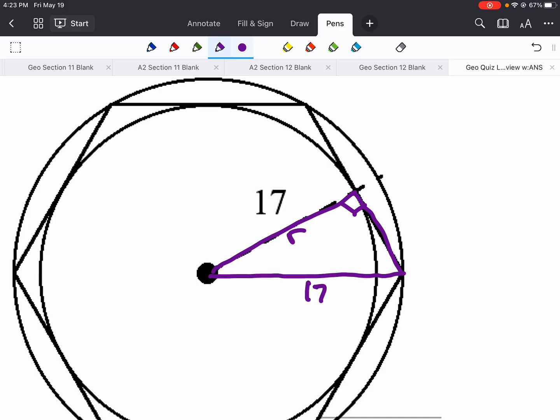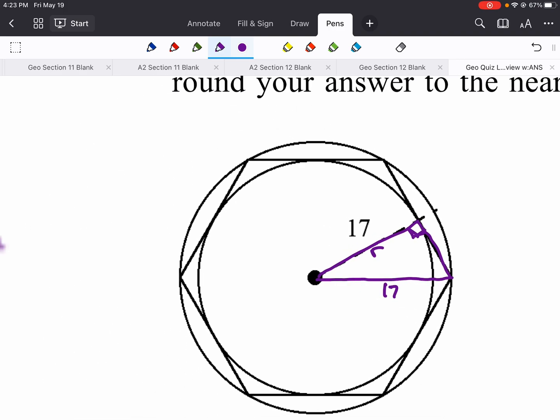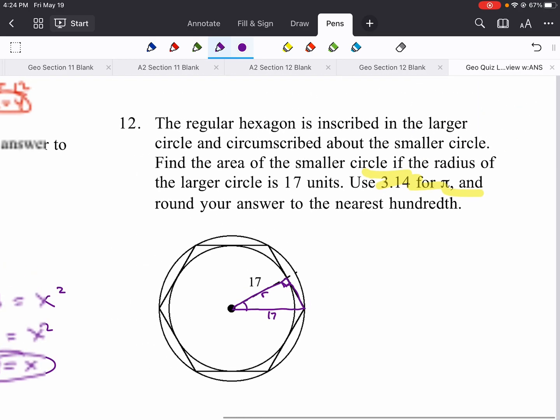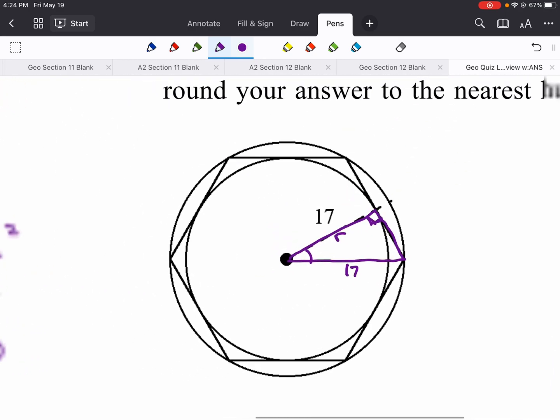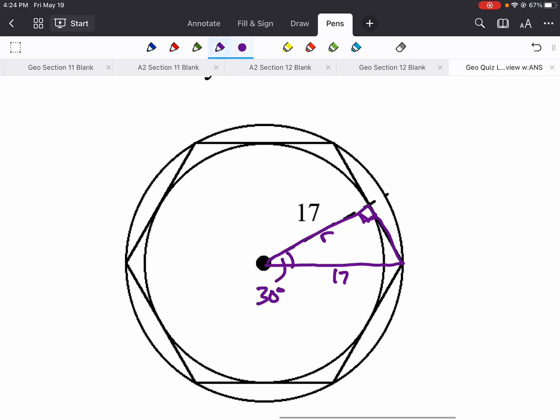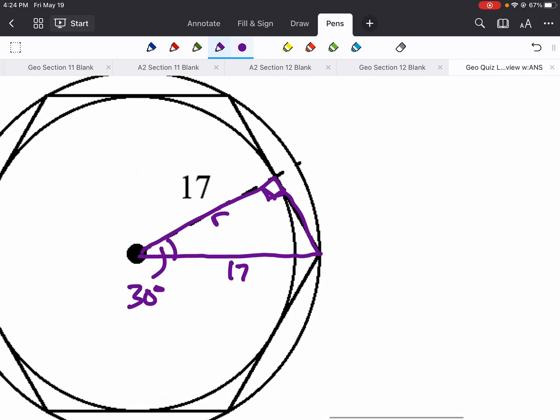Okay, notice you have a right triangle. 17 is now the hypotenuse. So the question is, what's this top angle up here? Well, it is a hexagon, and that's half of what would have been a nice equilateral triangle. So that would be a 30-degree angle up there. This is 30. Okay, now you're going to use your trigonometry, and we've got adjacent over hypotenuse.